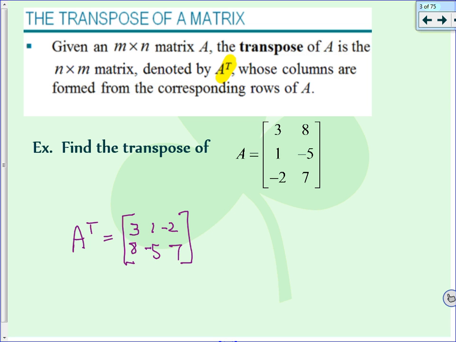So that is A. A was 3 by 2. A^T is 2 by 3 in terms of its dimensions. Any questions on how to find the transpose?